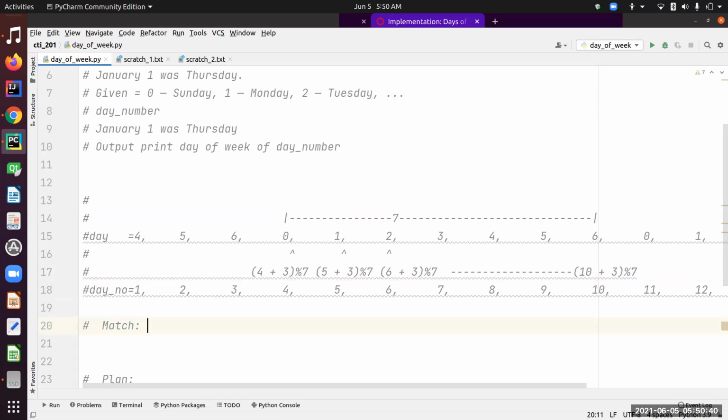We already found that: the mod operation. That's one match. Anything you can count from your previous questions, like reversing digits or sum of digits, those are also examples.